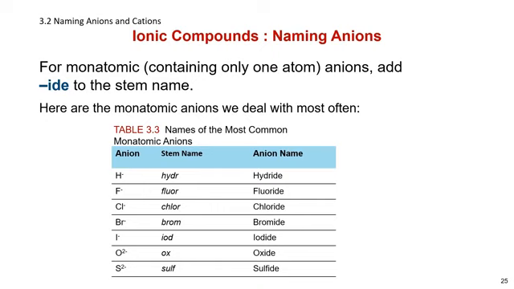Normally hydrogen, you take out the -en: hydride, fluoride, bromide, iodide, sulfide. These are monoatomic anions. We talked about monoatomic cations also, main group.